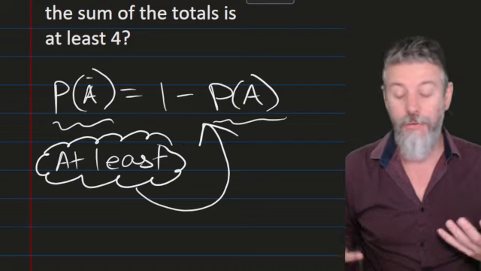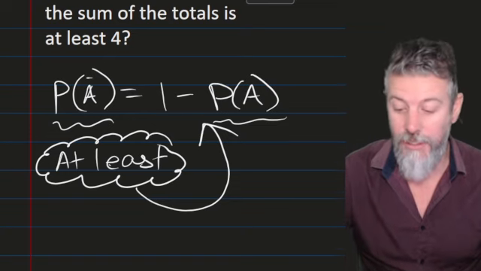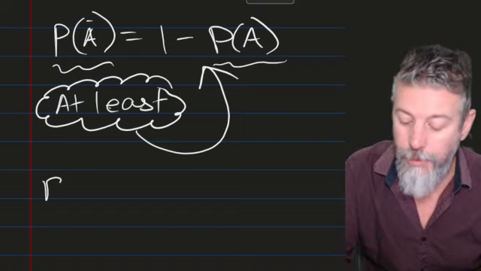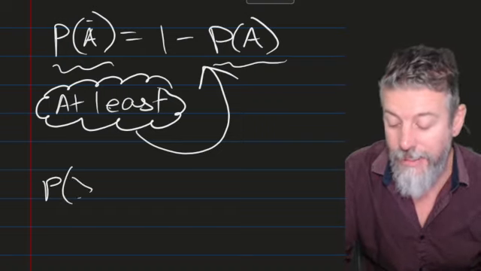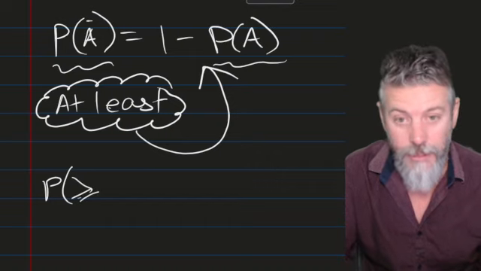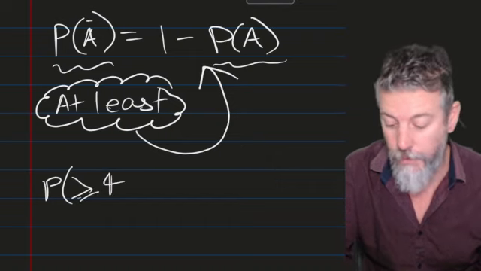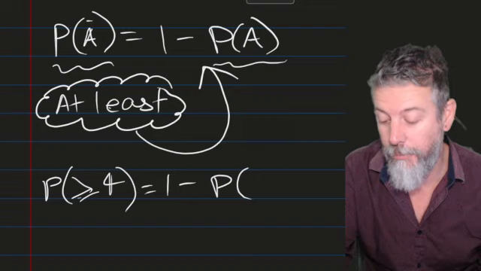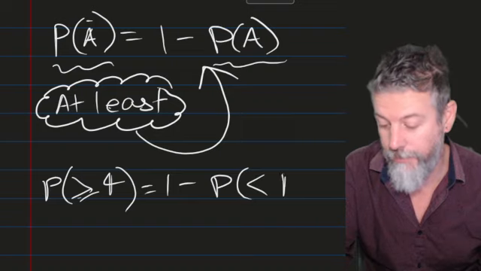All right. So the fact that we now know that this is the strategy that we want to use, let's see if we can work it out. So the probability that it is at least, so greater than or equal to 4, is 1 minus the probability of it being less than 4.